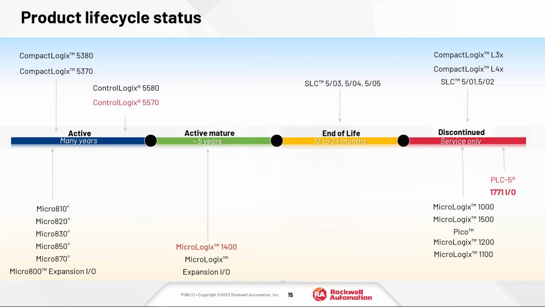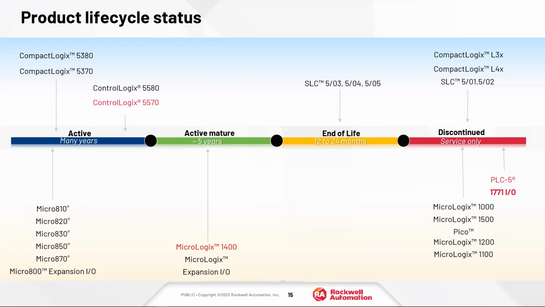So an active life cycle means it's a product that Rockwell is adding new technology to. It's adding features, it's adding functions. It is also, I would say, the current technology for that particular application.